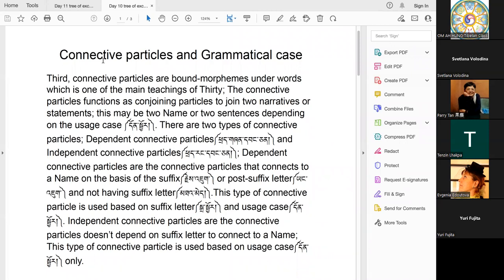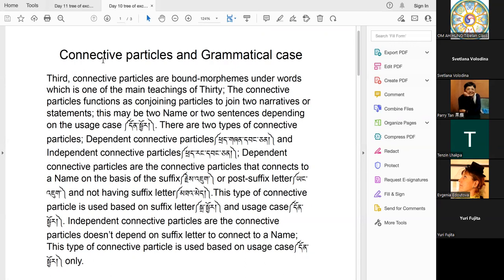So they conjoin them. Normally, they conjoin them. But we'll know today that some of them actually don't do that, but still they're called connective particles. But we'll go through that in a bit. So their main function is to conjoin, to join two portions of a sentence.